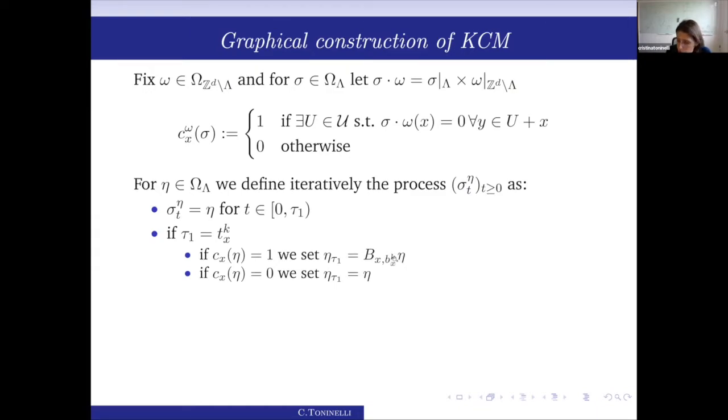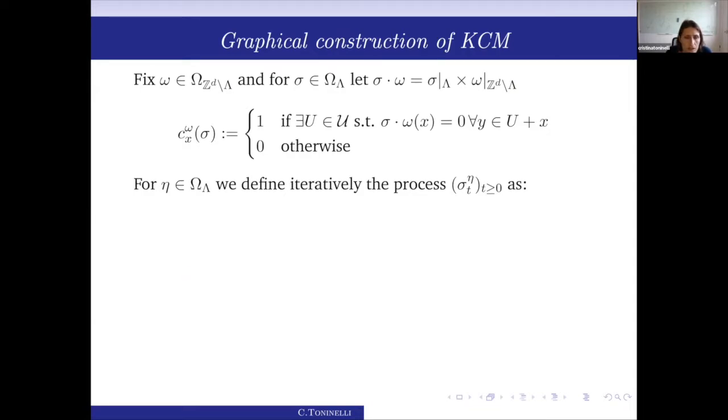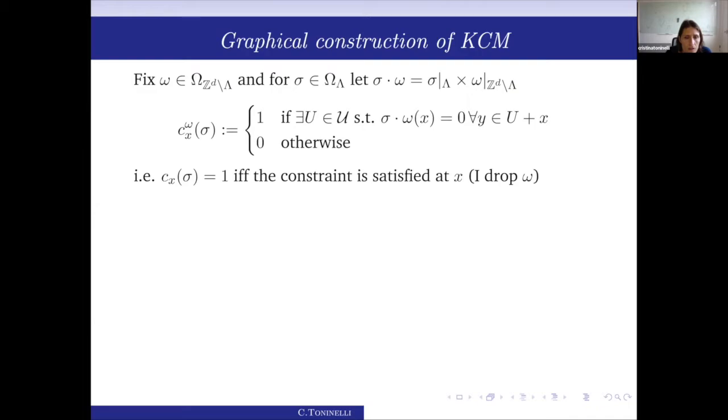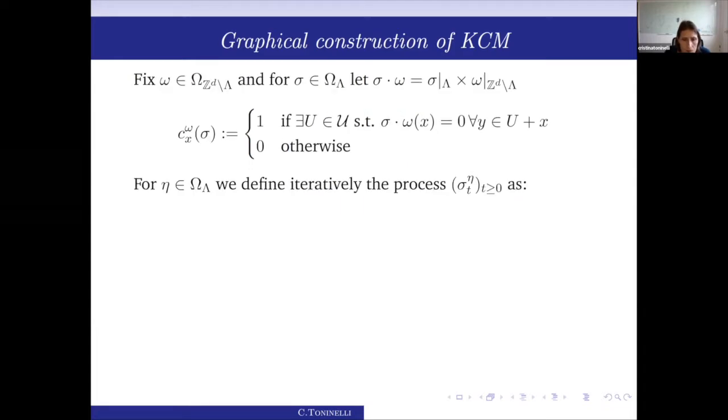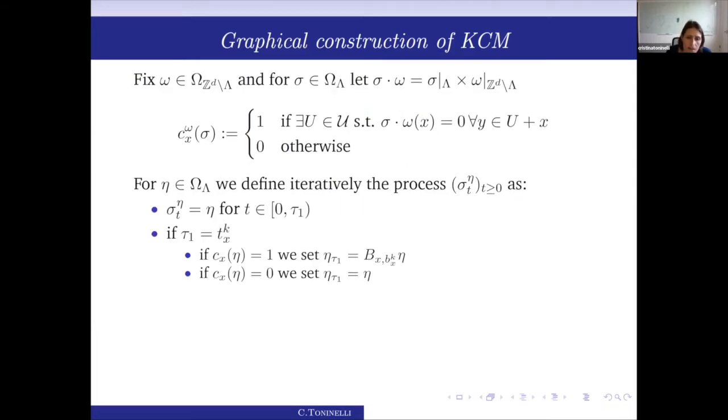And this variable Bk1 is, as you might see from the previous slide, the coin toss that is associated to the ring at that site. So it's the variable that is telling me whether I'm putting a 0 or a 1 at that site. Accordingly, I update.